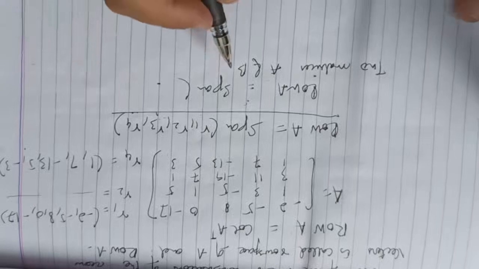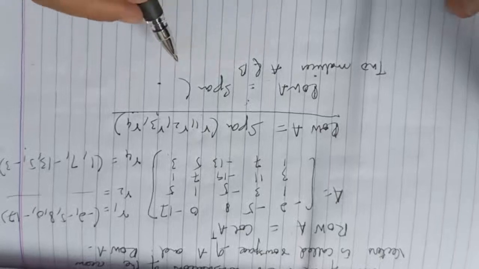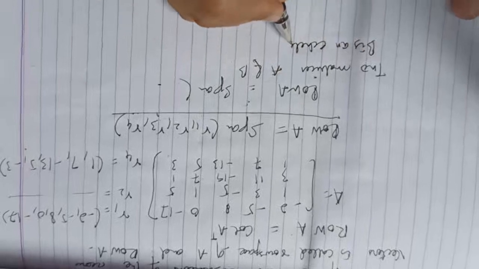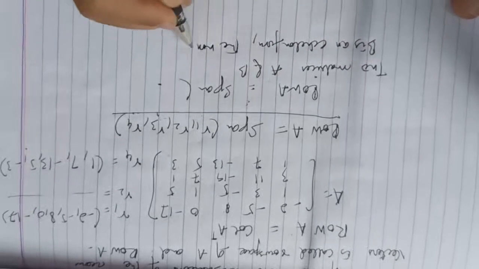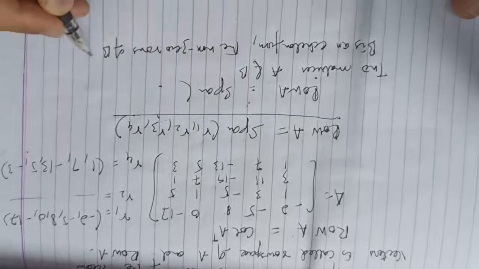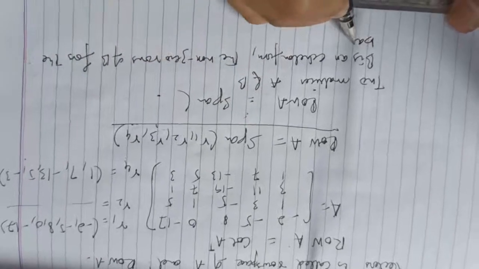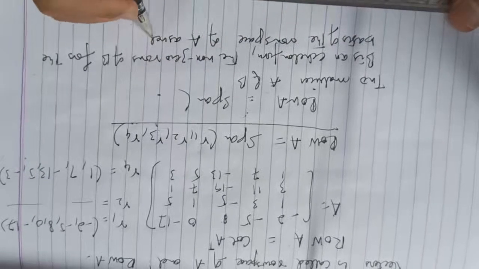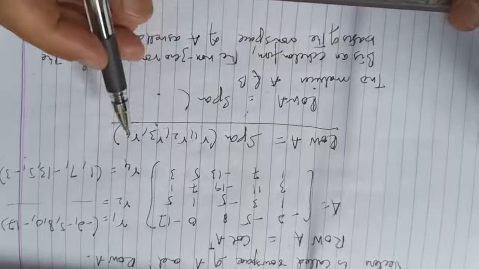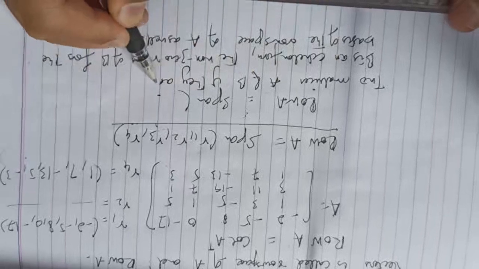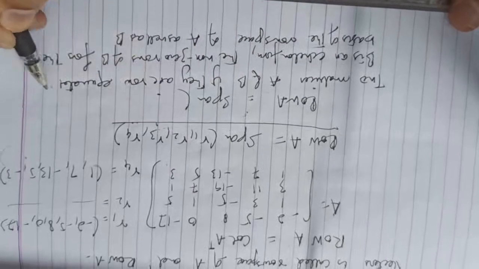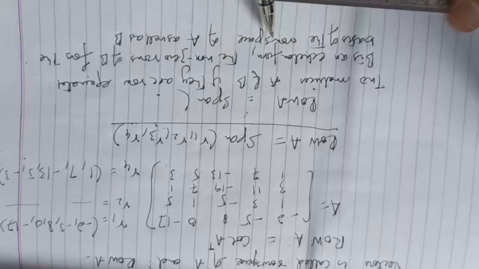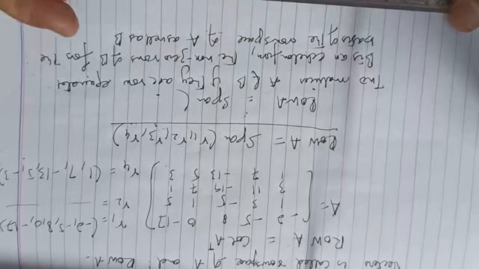So if B is in echelon form, the non-zero rows of B form a basis of the row space of A. So if B is an echelon form of A, the non-zero rows of B form the basis of the row space of A as well as B. So you can use it for both.